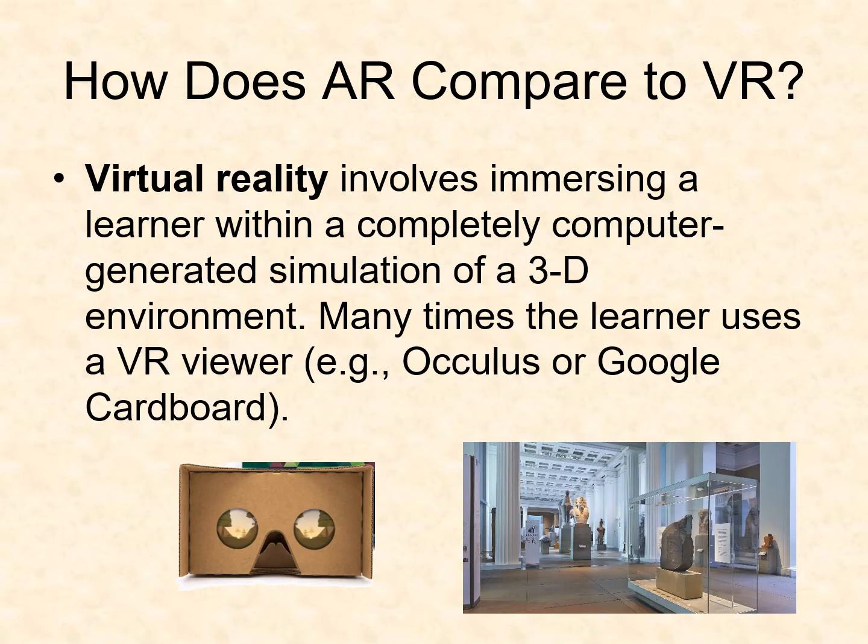So how does augmented reality compare to virtual reality? Well, VR involves immersing the learner in a completely computer-generated world. So everything in the view is completely computer-generated. And many times the learner may use some type of viewer in order to see it better and to immerse more in the environment and to enjoy it more.